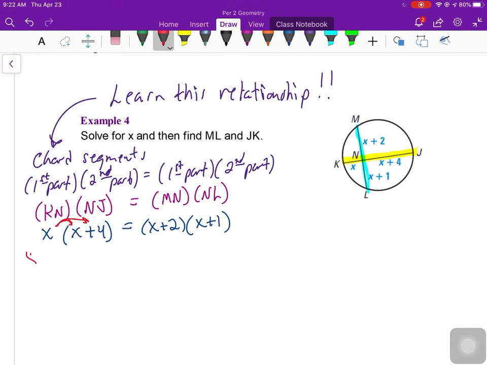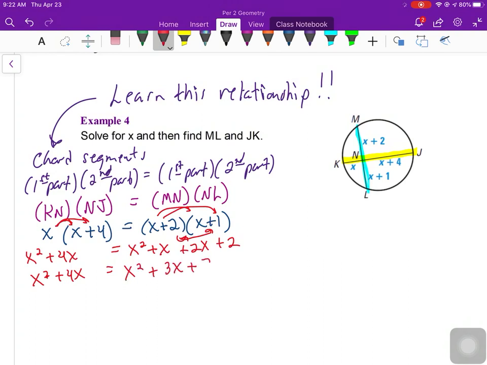We distribute the x. We get x squared plus 4x. Here we use FOIL. x squared plus x plus 2x plus 2. We'll combine the like terms. x squared plus 4x equals x squared plus 3x plus 2.